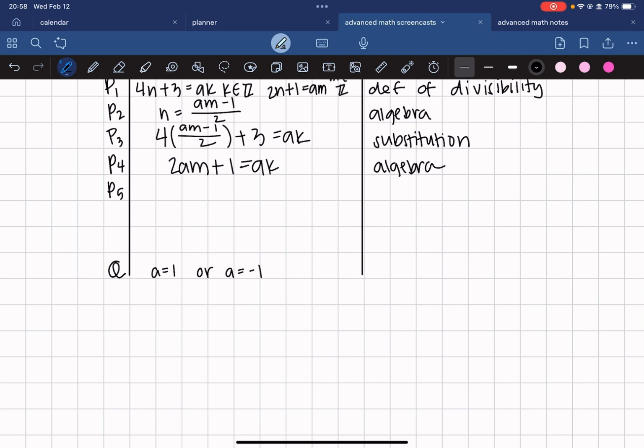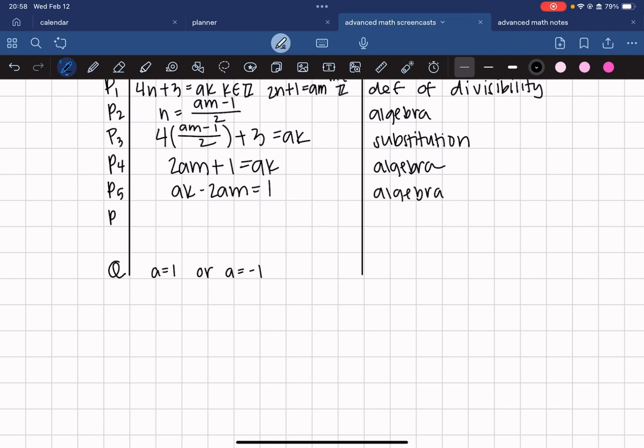And then I want to rearrange so I have my a's on the same side. So we have ak minus 2am equals 1, and that is just rearranging, so algebra.